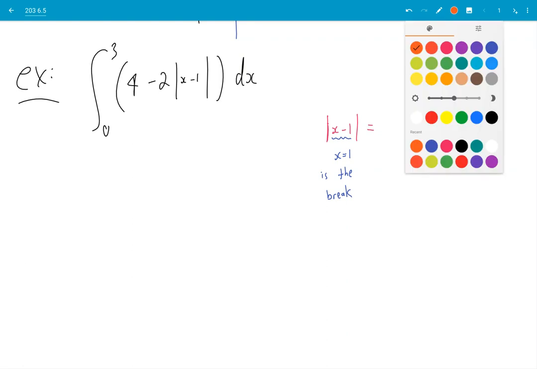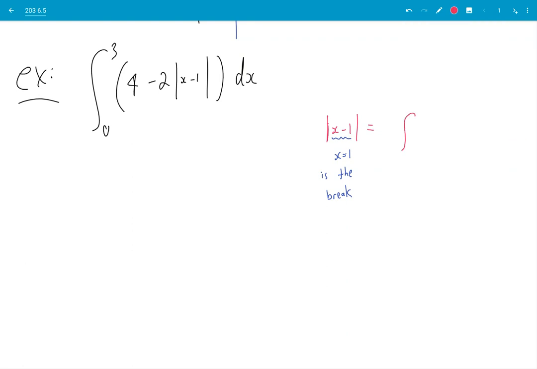Okay, so that's when it starts doing something different. So just like above, these are going to be the two options.